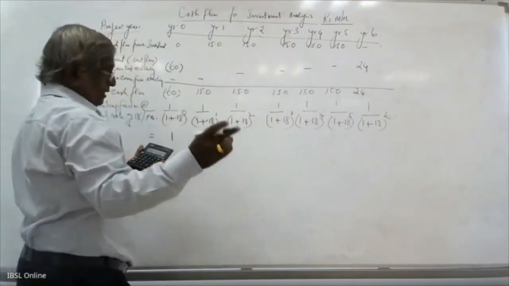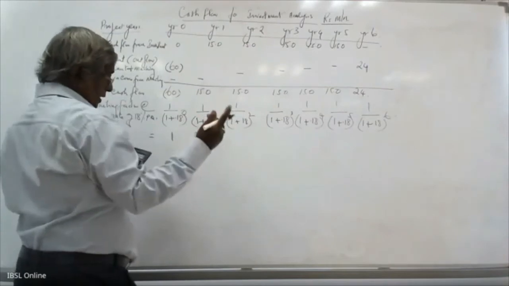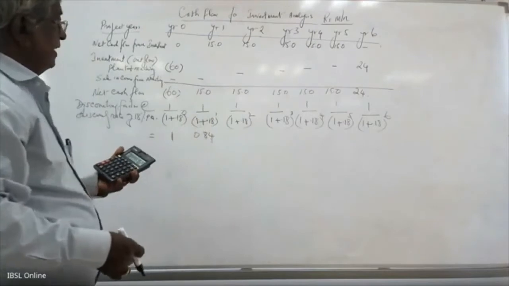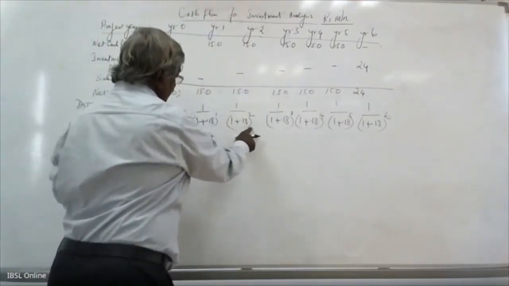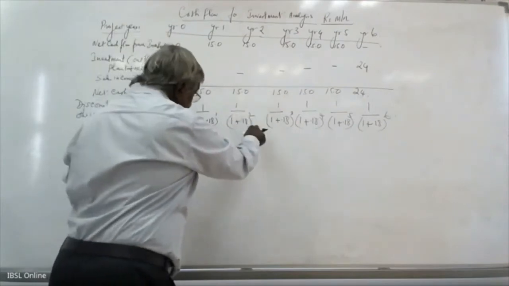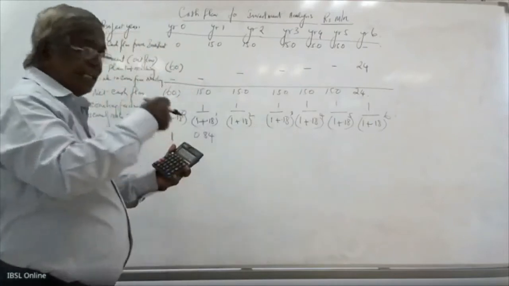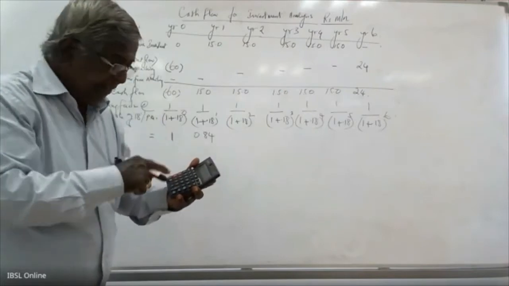For easy working I am doing it at 2 decimals. In the exams, of course, you have to use at least 3 decimals. Then again divide by 1 plus 0.18. When you press the equal sign, it automatically divides again.